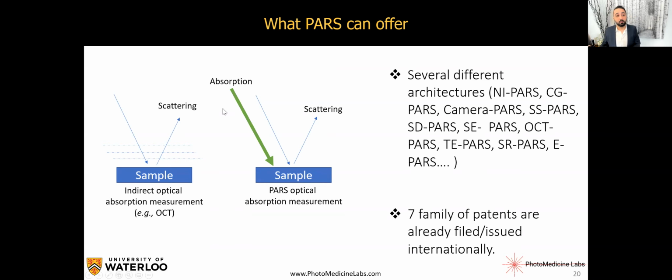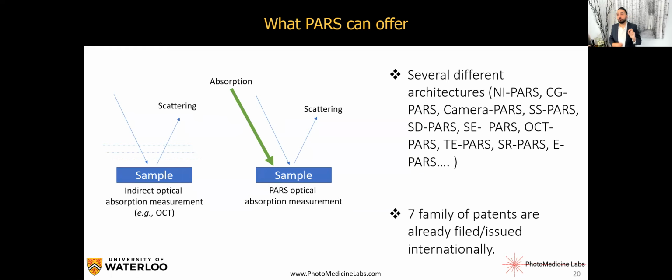First of all, if we forget our absorption or excitation laser, our detection laser can act the same way as OCT. However, now we have an extra luxury, and that is our excitation beam, which we can select very carefully to look at the differences between, let's say, oxy and deoxyhemoglobin.